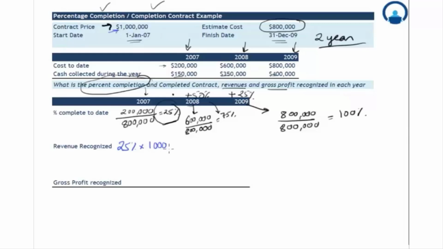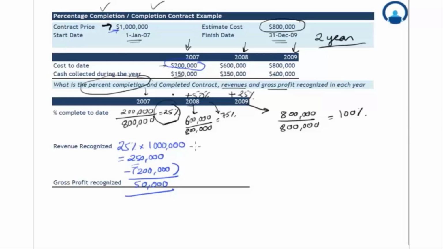So this comes out to be $250,000 as the revenue that is recognized in the year of 2007. What about the gross profit? The gross profit would be the difference between the revenue that is recognized and the associated costs. The cost is basically 200,000. So we subtract 200,000 from the revenue that gets recognized. So this comes out to be 50,000 here. Okay, so this is basically for 2007.